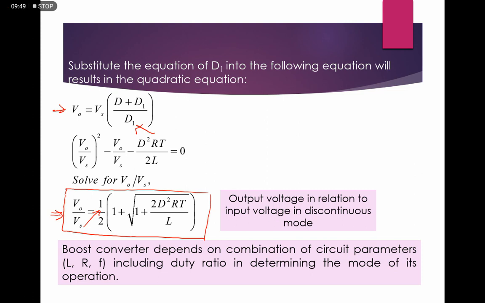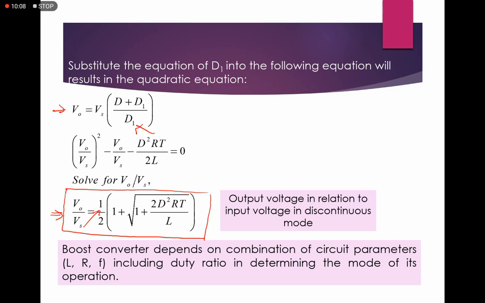You can see that for this boost converter, previously in CCM, in order to find your output voltage, it only depended on the value of your input voltage, which is Vs, and your duty cycle.